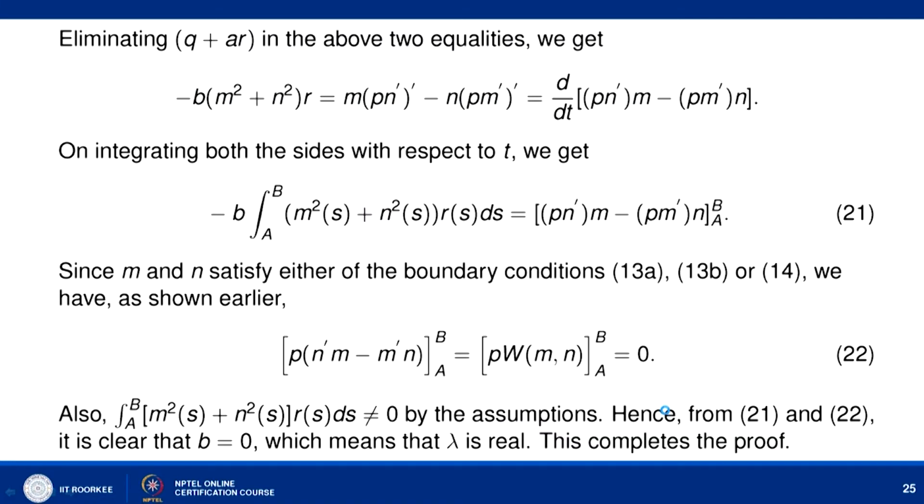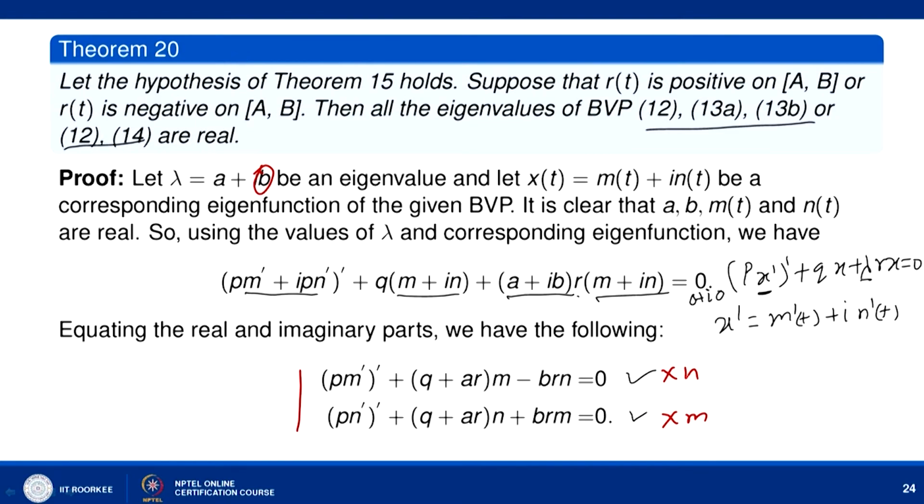So when you eliminate q plus ar in the above two equalities, it means you just multiply n here, you multiply m here, and you subtract these two, then you can eliminate this q plus ar. So when you do this, let me write it here, it is Pm dash whole dash n plus q plus ar mn minus br n square equal to 0.